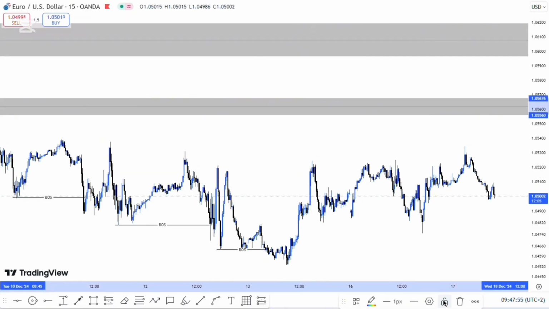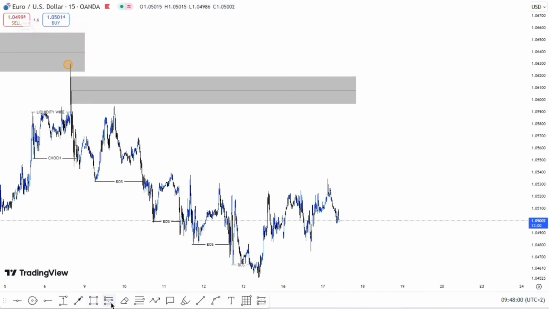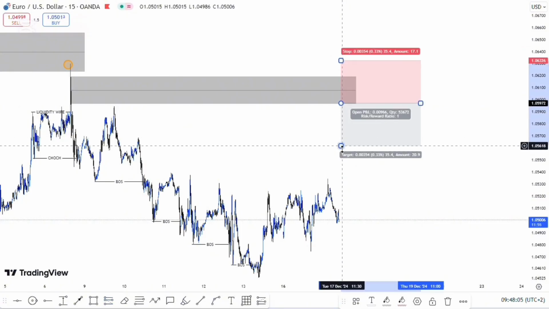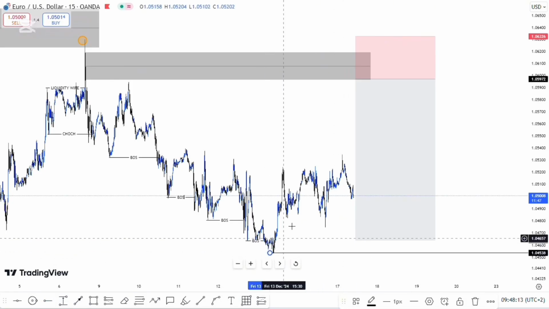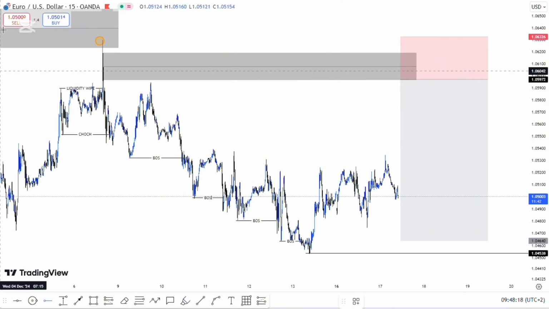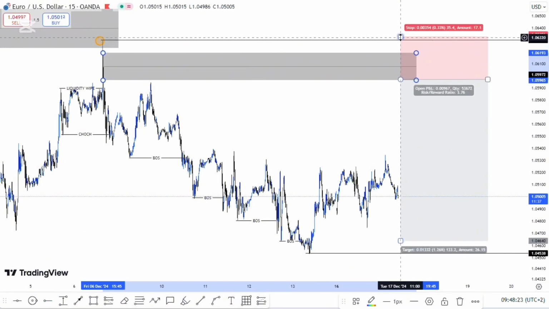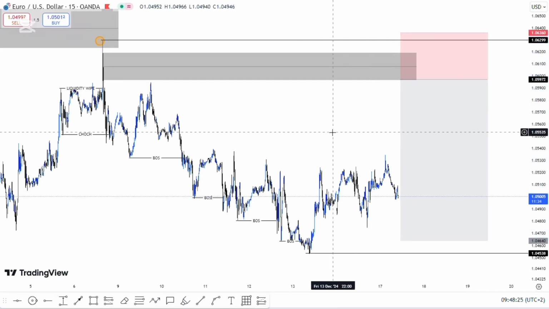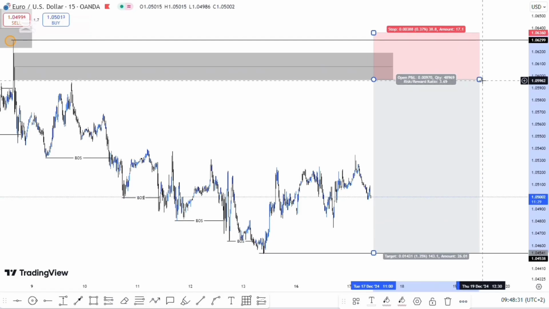So now let me remove this drawing. So now our next line of action is to wait for price to get right there, and then we can sell, and our TP will just be below the previous reversal point, and our stop loss should be above this high, and we should add a few pips to avoid liquidity sweeps.